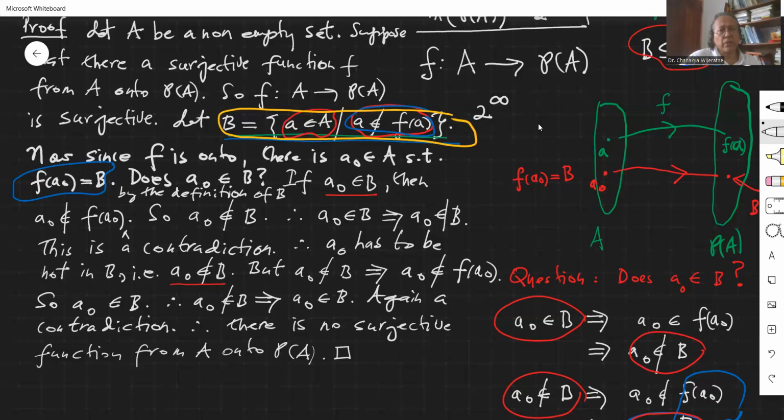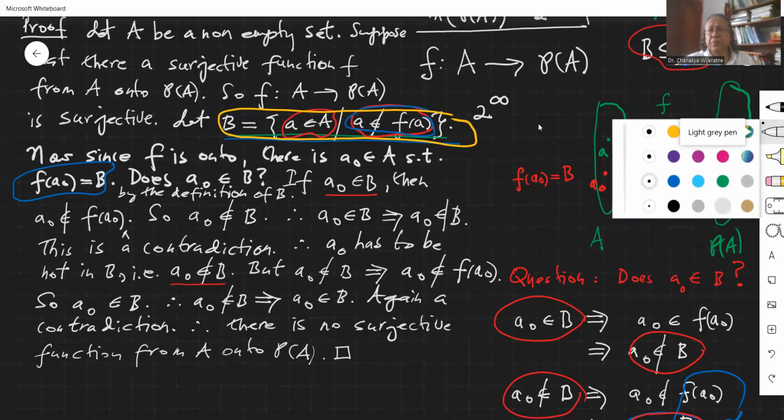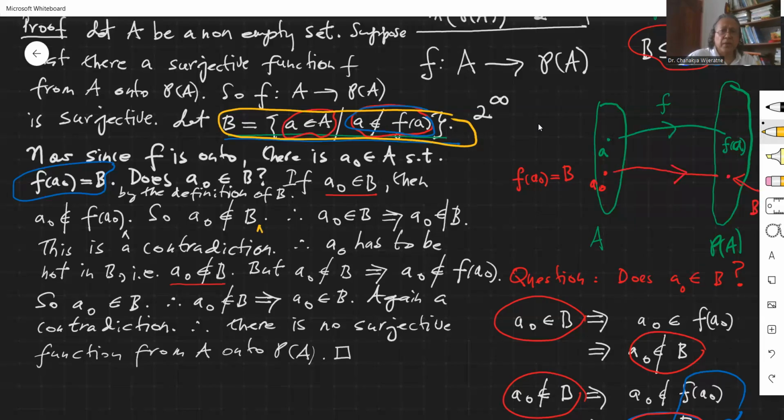So A naught doesn't belong to B because A naught is equal to B, since f of A naught is equal to B. So therefore, A naught belongs to B implies A naught doesn't belong to B. And then yes, it is a contradiction.